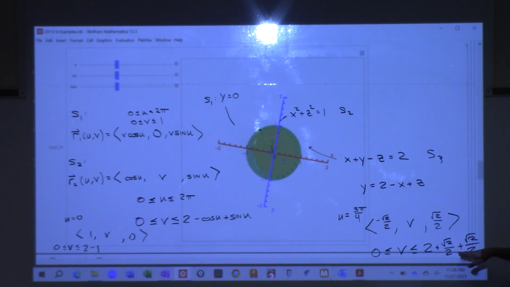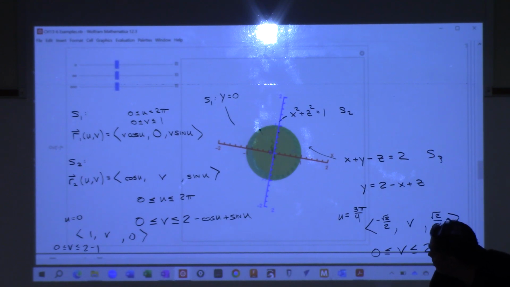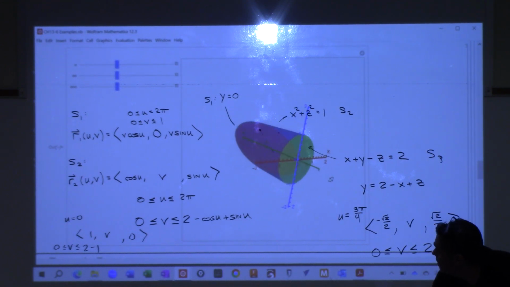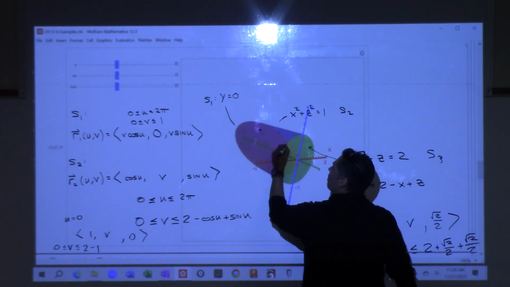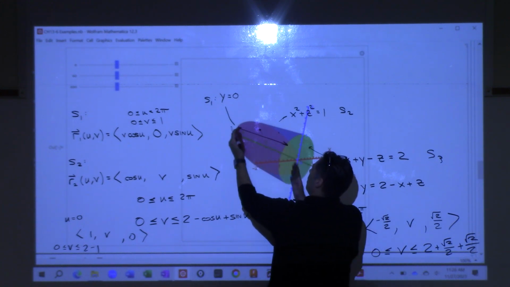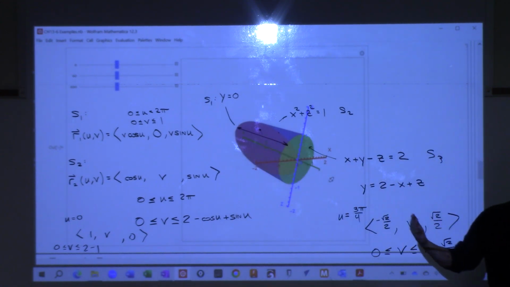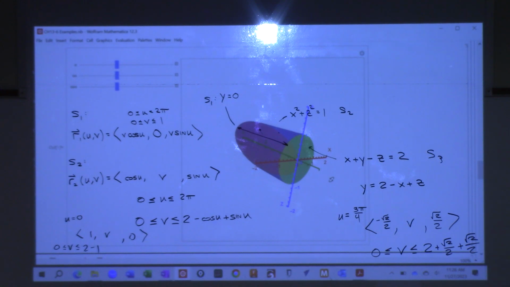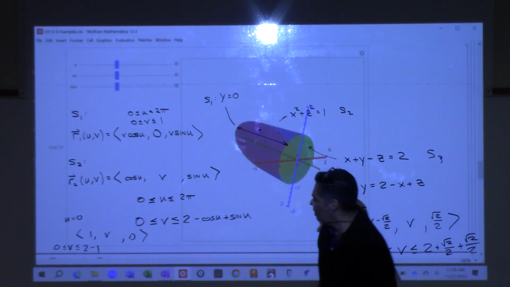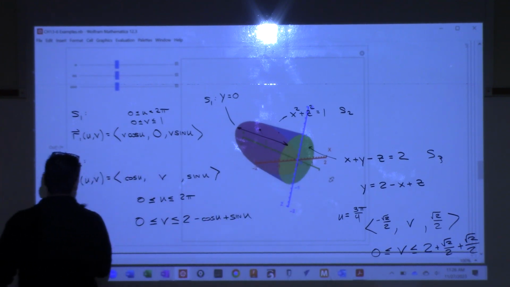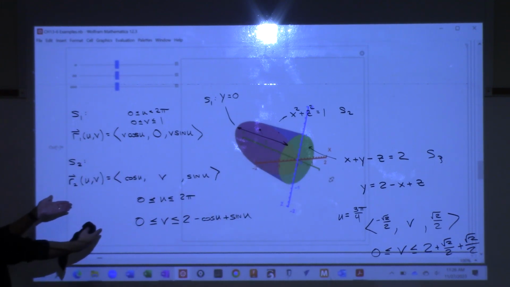And that's as big as it's ever going to get right there. And so I'm going back and forth between that. Let me spin this just this way. You can see that's from here all the way between here and here, back and forth. Just trying to convince you that this is doing what we think it's going to do. So our answer is this. Our answer is that right there for S2.